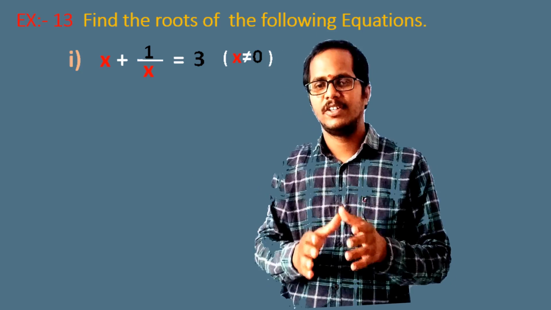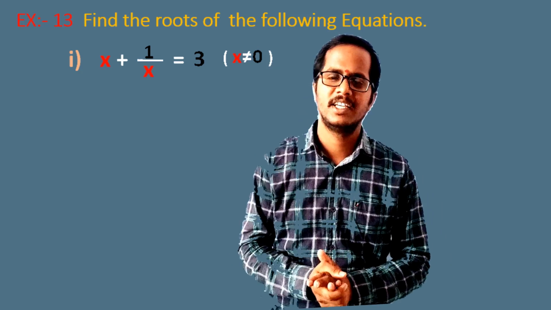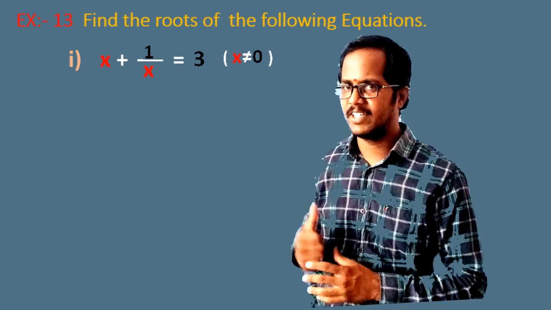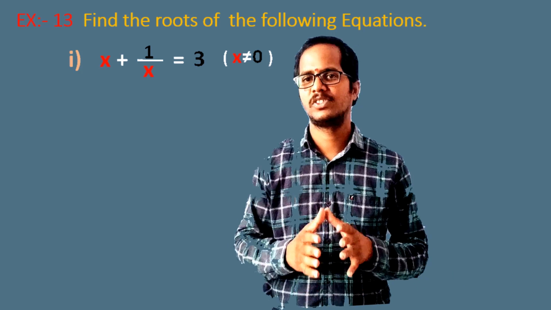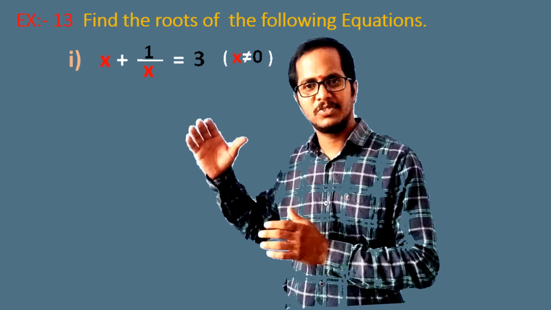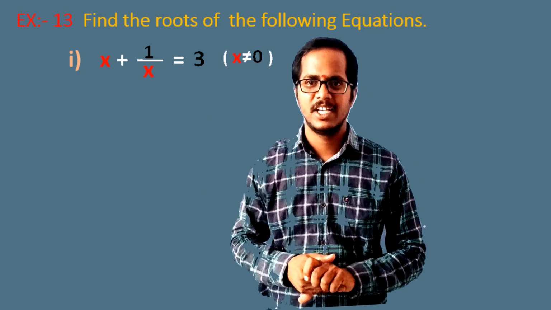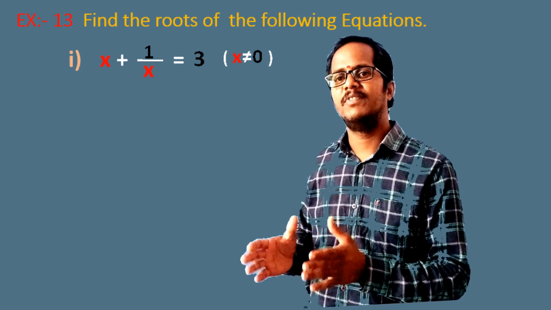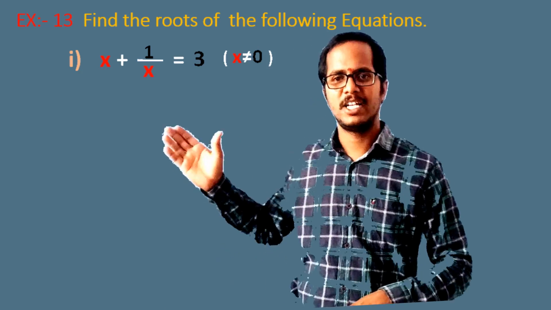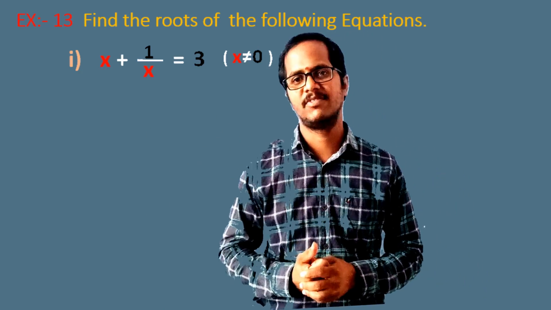But if we multiply the second term only, it will affect the equality of the equation. So without changing the equation, we have to multiply the entire equation with x. Let us multiply with x on both sides.